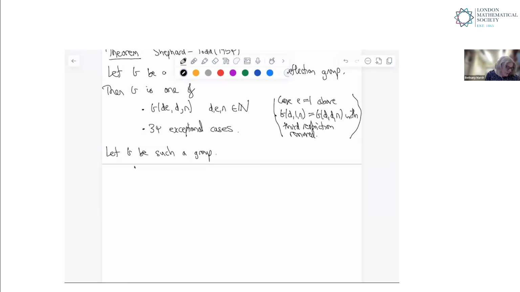So that's very reasonable. So let's take sigma to be a set of reflections in G. So these are elements which fix a hyperplane pointwise and have finite order and are non-trivial.